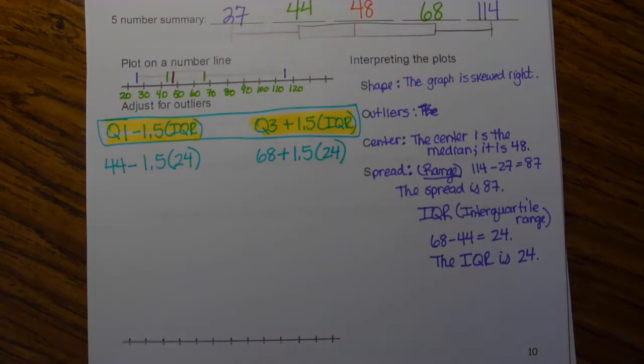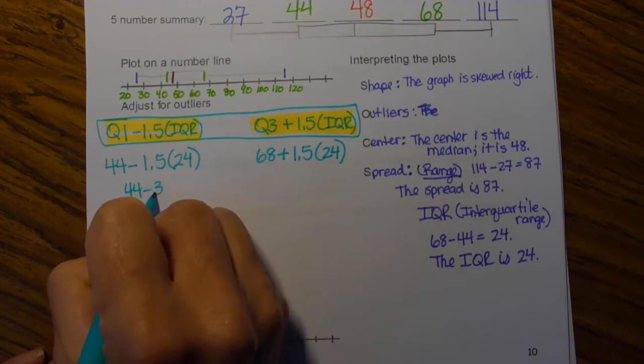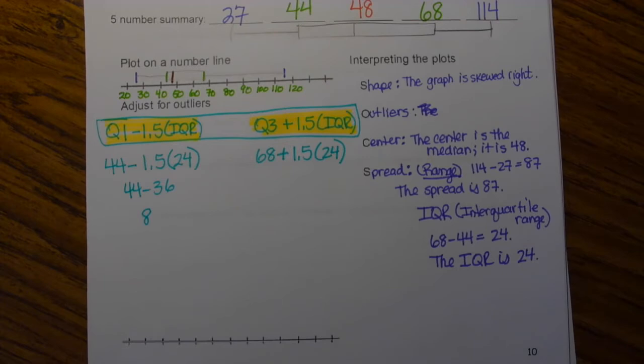Remember, you may bring your calculator every day and you may always use it. So 1.5 times 24 is what, 36? 44 minus 36 is 8. Let's calculate this one. 1.5 times 24 is 36. So this would be 68 plus 36. I'm adding in my head.